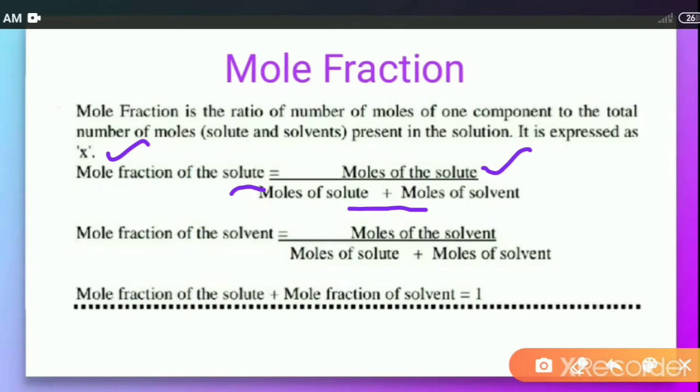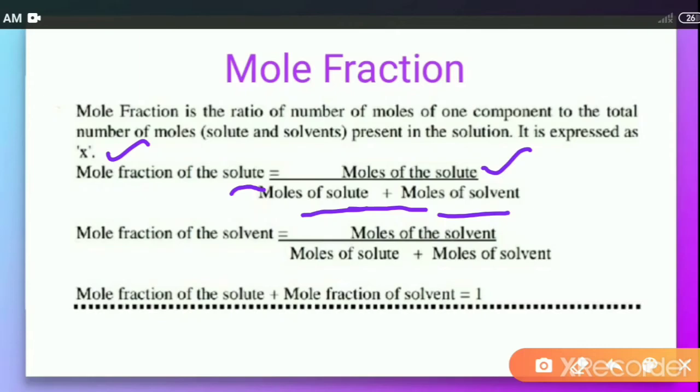That means here total relates to both solute and solvent. So that is number of moles of solute divided by total number of moles present in the solution. That means moles of solute plus moles of solvent give rise to total moles present in the solution.